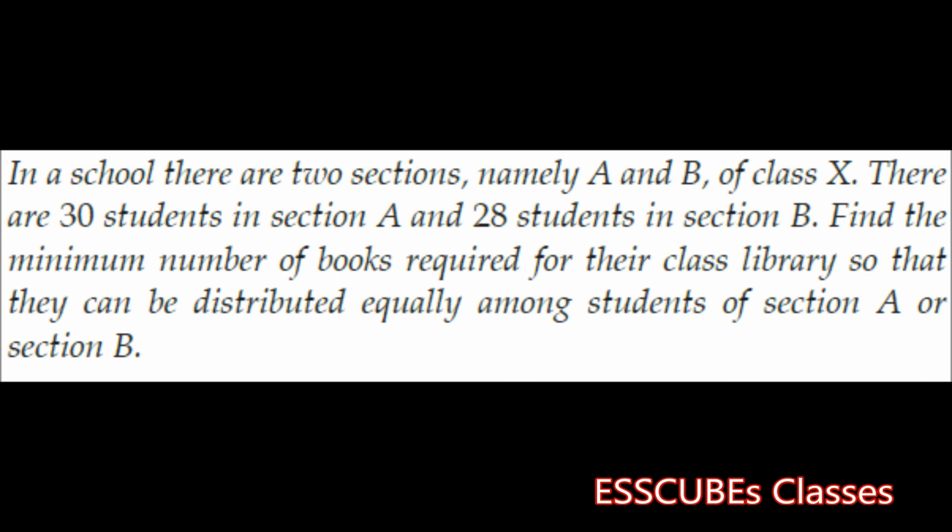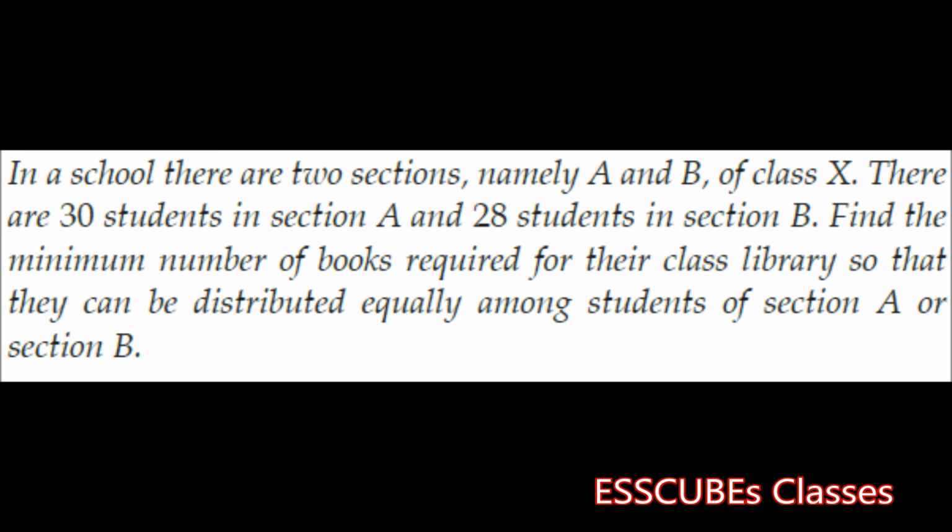In a school, there are two sections, namely A and B of class 10th. There are 30 students in section A and 28 students in section B. Find the minimum number of books required for their class library so that they can be distributed equally among students of section A and section B. Check out the word.